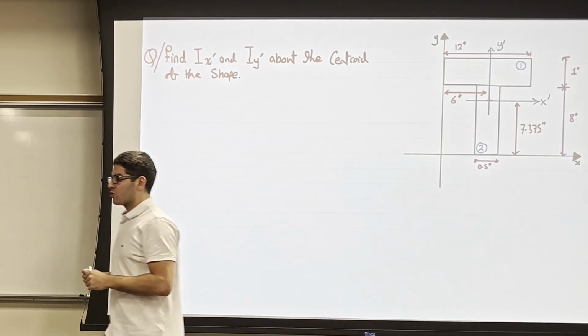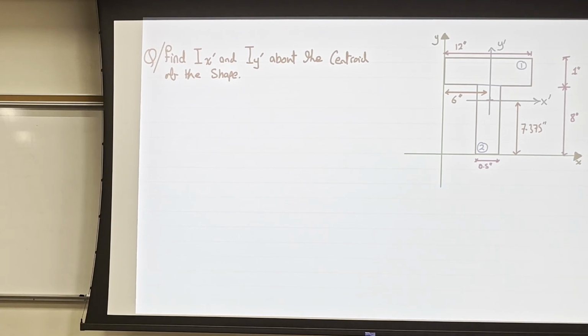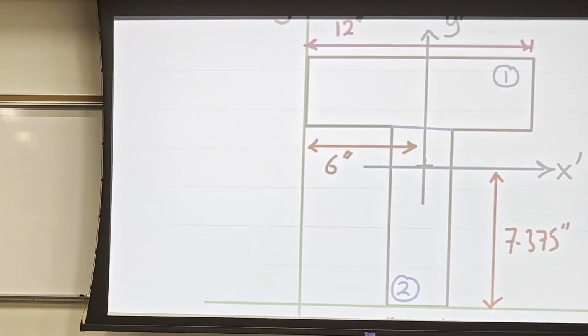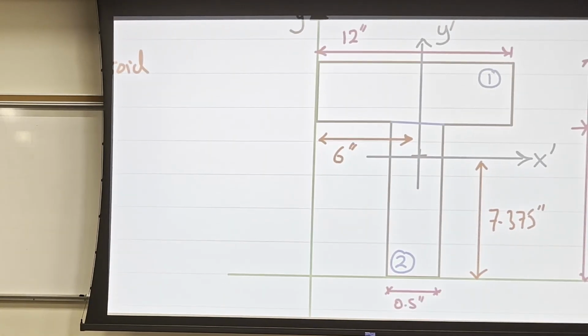When we find the x bar and y bar, that's where we're going to take the moment of inertia about. So let me start first, but let me put some dimensions here on the graph. The 7.35, this is what you all calculated. This is the y bar. And the x inches, that's the x bar. Okay? So let me now put on the diagram. For area 2, I know the centroid of area 2 is here.